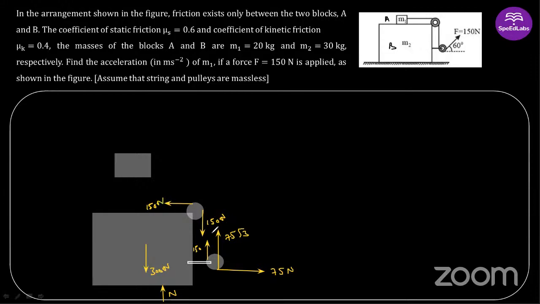Now if you check, these two are cancelling out each other. And this is basically 75, this is 150. So overall this block has a horizontal force in this direction. It wants to move in that direction. One second, it's not making sense if it is moving in that direction. If we pull that, there is enough friction.